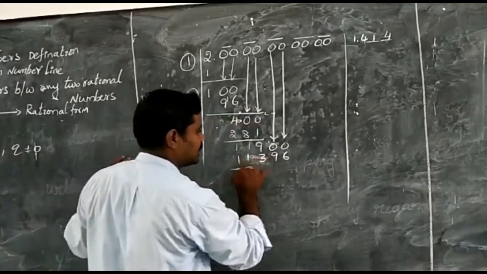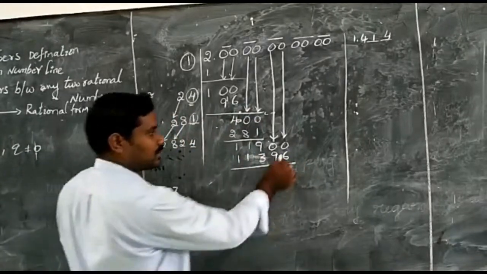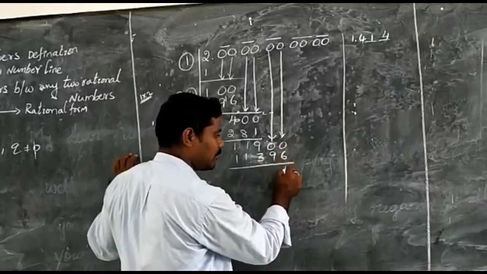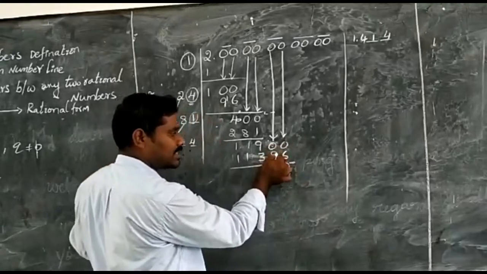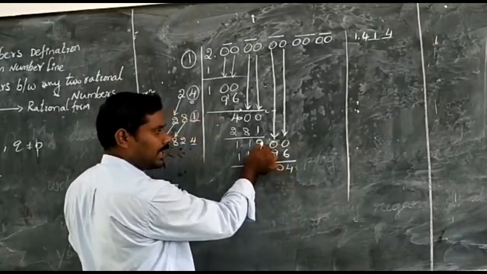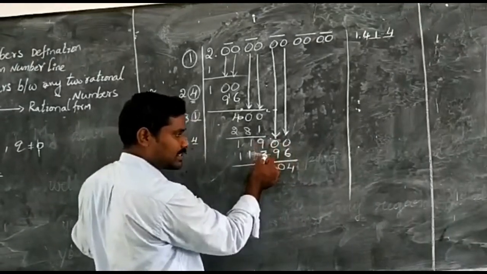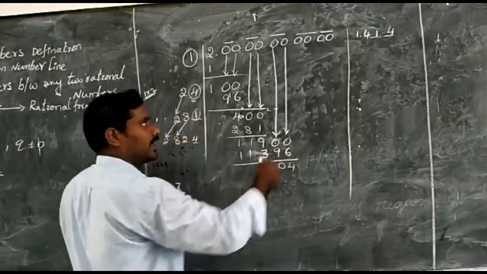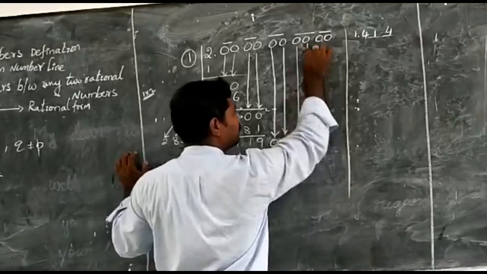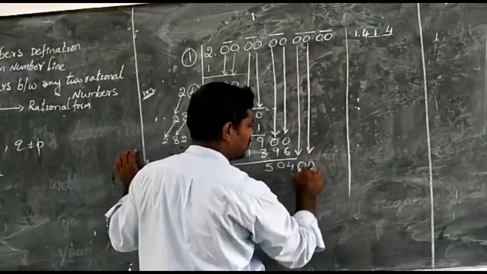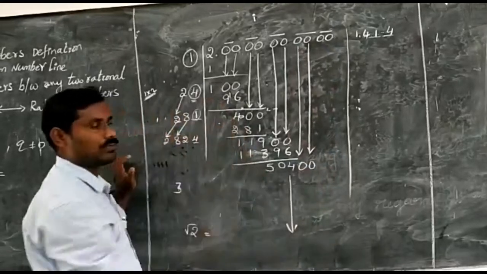Now if you subtract this, 10 minus 6, 4. 9 minus 9, 0. 8 minus 3, already 1 is borrowed, then it is 8. 8 minus 3, 5. Now again take the next 2 digits, 0, 0. Like this you can continue this value.